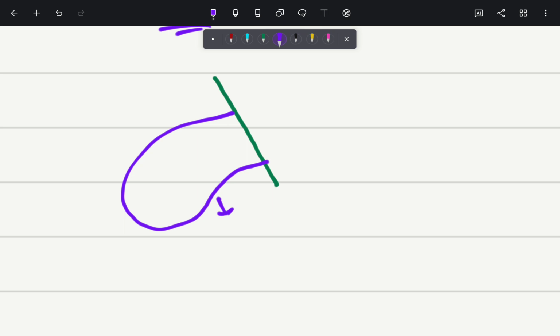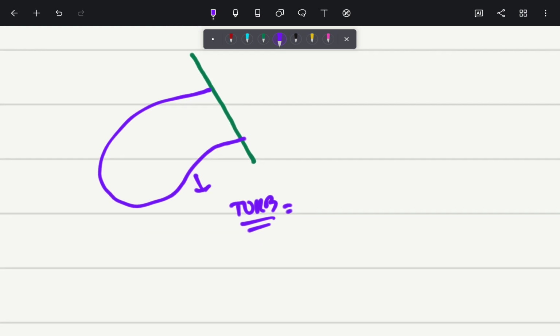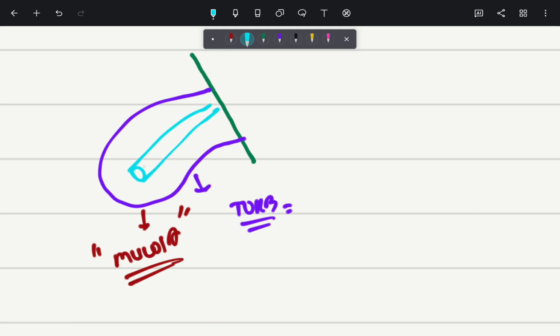Turbinates are nothing but extensions of the lateral wall of the nose, which is made up mainly of mucosa. So this part is made up of mucosa, and inside this mucosa there is a bone.